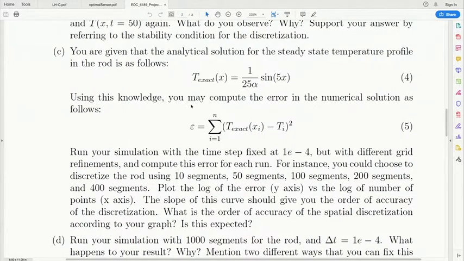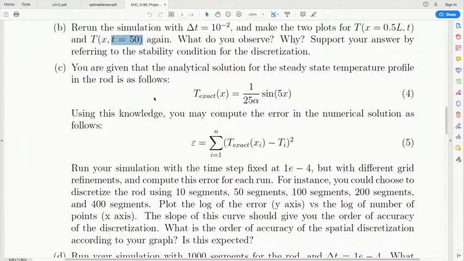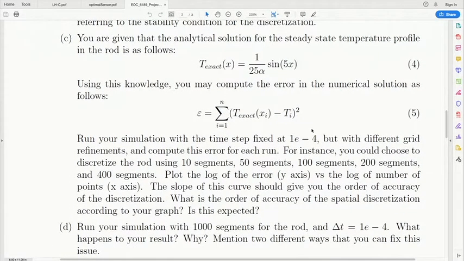You're given T exact at steady state, and you've been told to run your simulation for 50 seconds. That should be roughly enough to get you to steady state. After that, the temperature should not change. So just take your final solution at the very last step and compare the difference with this exact equation. Does that answer the question? Yeah, so I'll look at the total error in the rod at the last time step. At the last time step, yes.